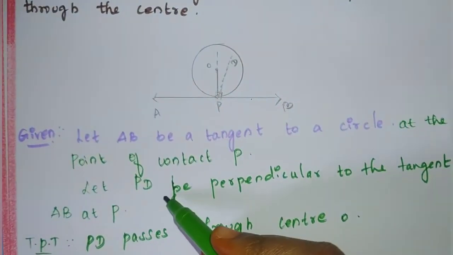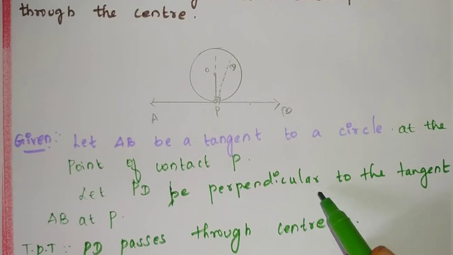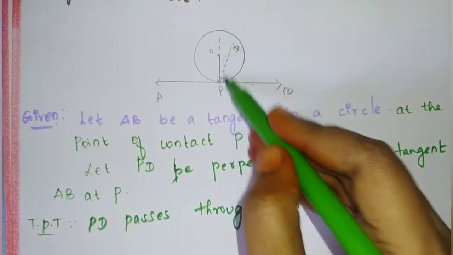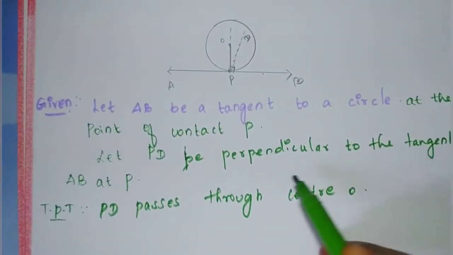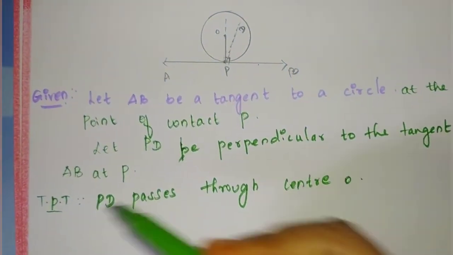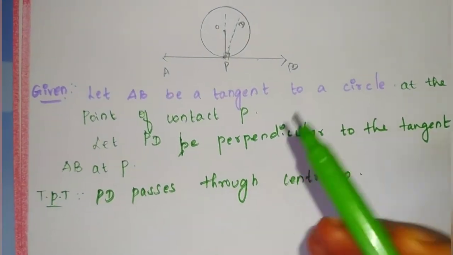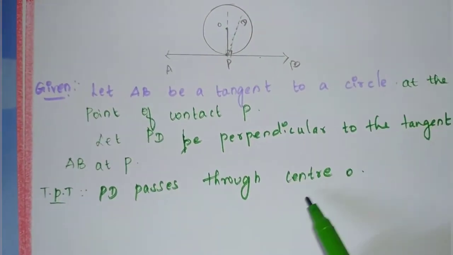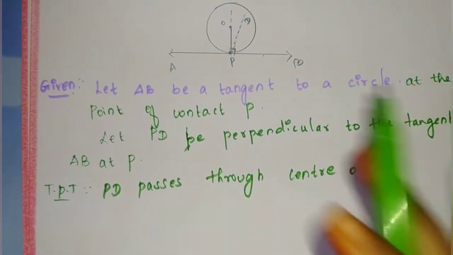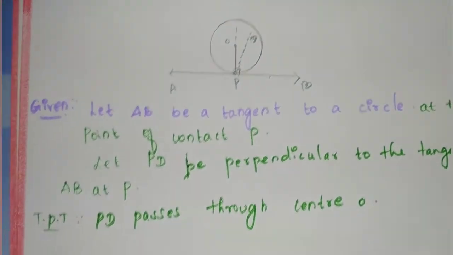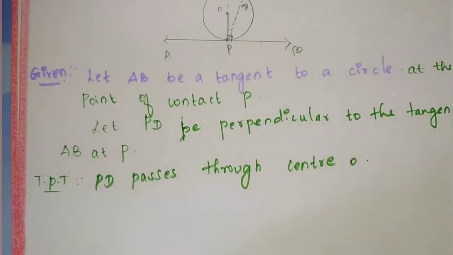Perpendicular means it must lie on that OP only. Now you have to prove that PD passes through the center only. That is, PD is going to lie on the OP only. Clear, children? Now start the proof.